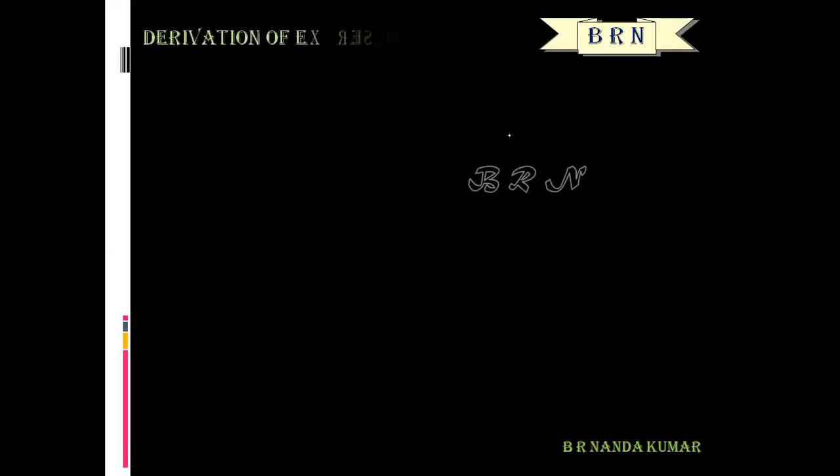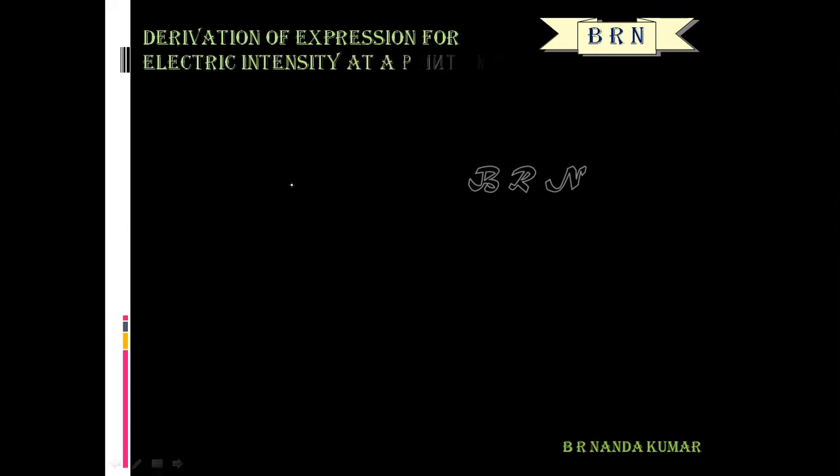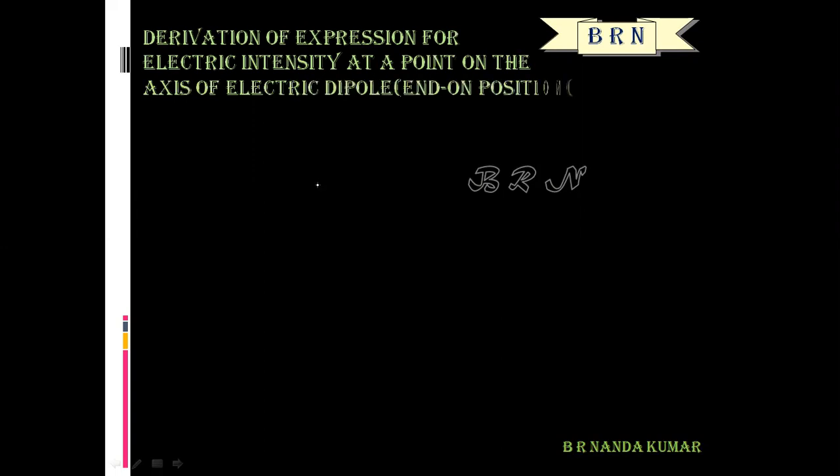Derivation of expression for electric intensity at a point on the axial line, a point on the axis of an electric dipole. This is the first very important derivation in electric charge and electric field.